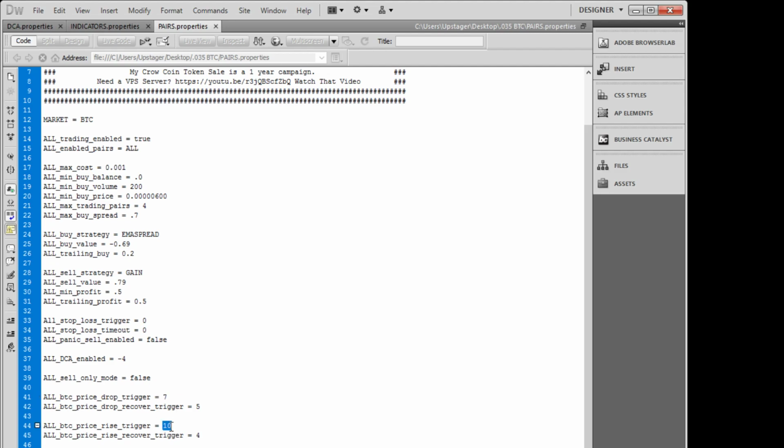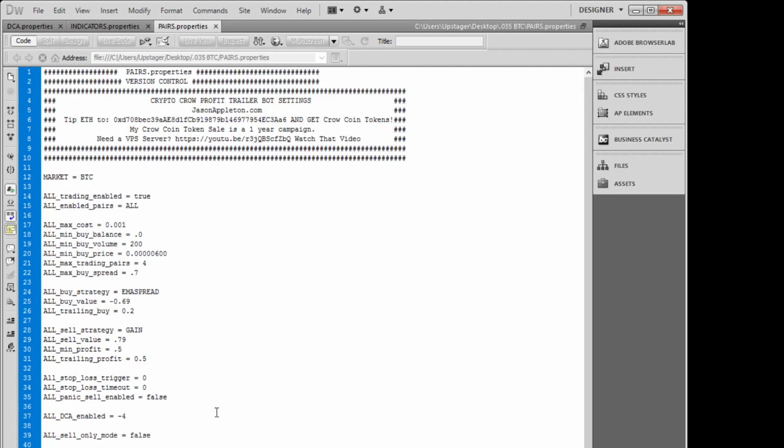If it rises 10% or more, you go into sell-only mode. If it corrects in the opposite direction by 4 or 5%, it starts working again, buying and making trades outside of just selling. If you don't want the bot to ever be in sell-only mode, you can put zeros in these spaces. I left them as default to protect you while you're messing around and learning how things work.